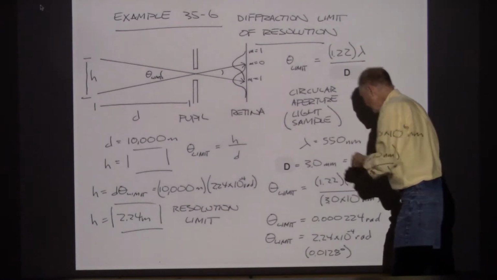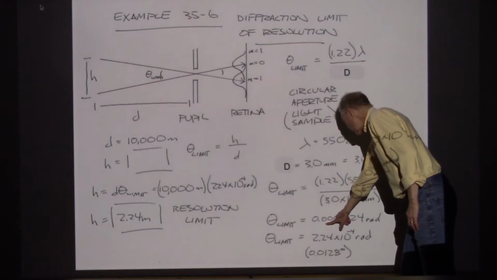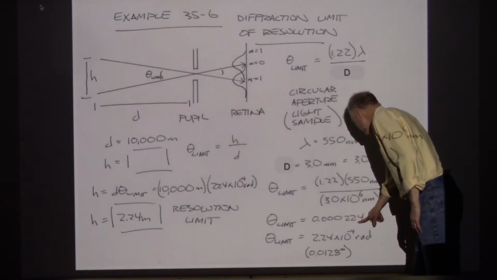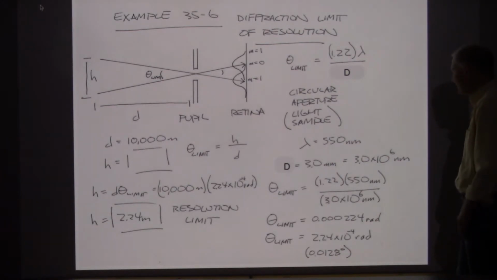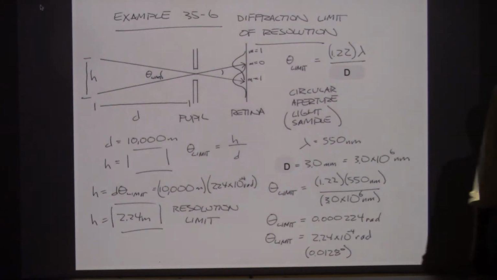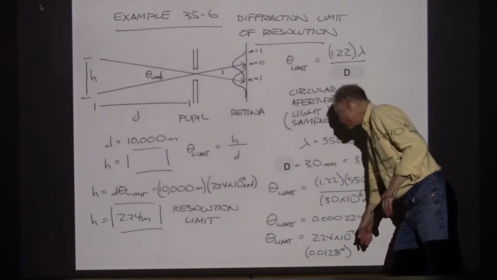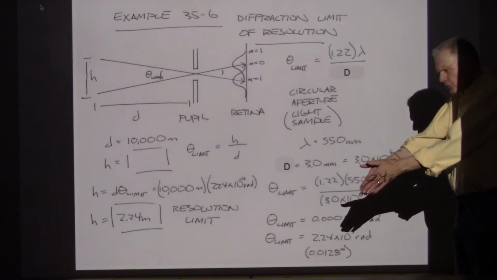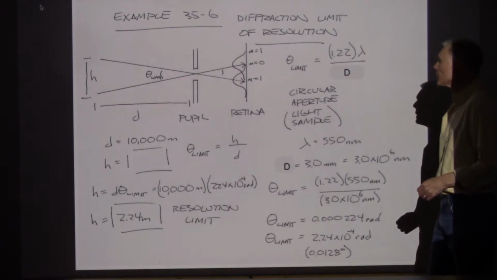And when we carry out the calculations, we get 0.000224 radians, or 2.24 times 10 to the minus 4 radians, or 1/100th of a degree. So based on the diameter of the pupil, if that's the only limitation you've got in your vision, you should be able to resolve objects with an angular separation of 1/100th of a degree.